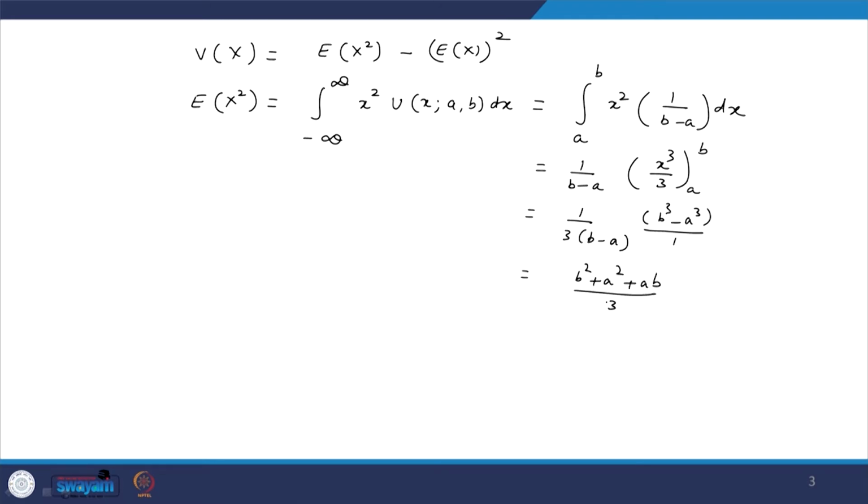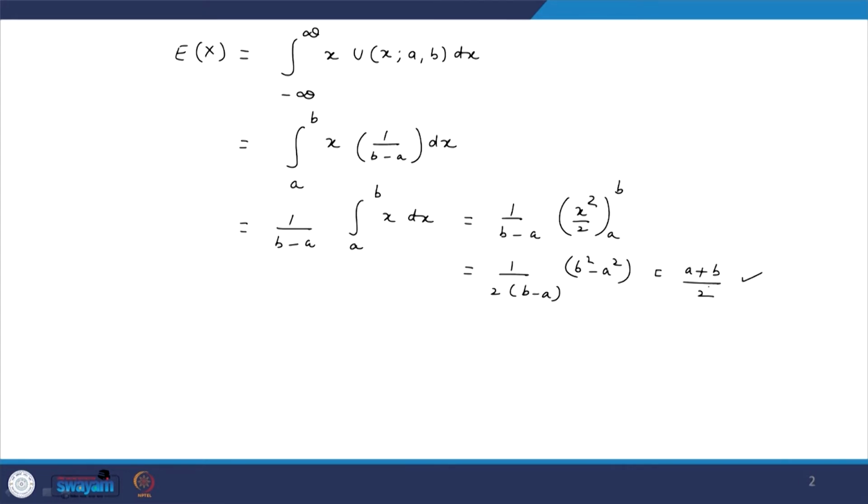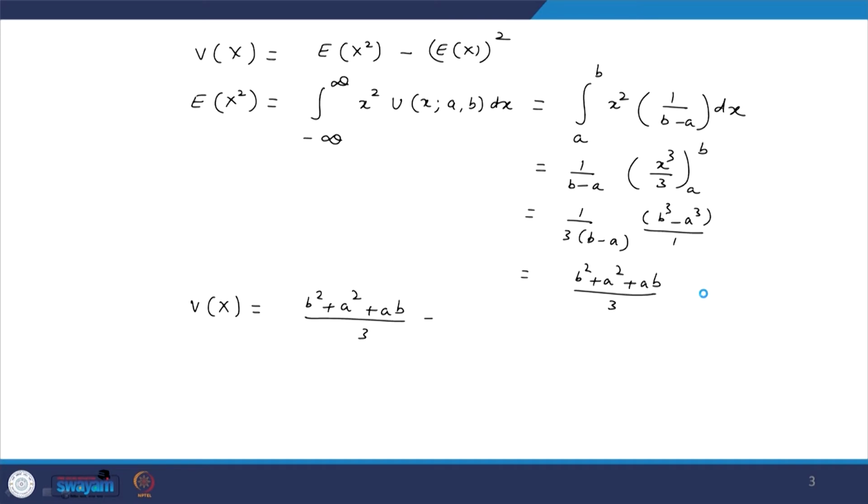So this is equal to b square plus a square plus ab upon 3. Now, what is the variance? The variance of x will be b square plus a square plus ab upon 3 minus the expectation of x that we have already computed. The expectation of x is a plus b by 2, so it is minus a plus b by 2 whole square. This is equal to 4 times b square plus a square plus ab minus 3 times a square plus b square plus 2ab, upon 12.